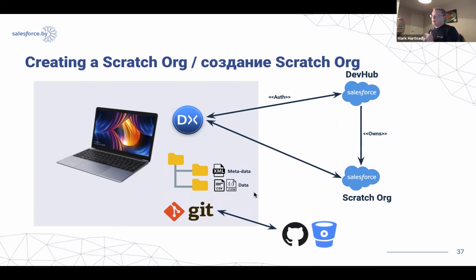Maybe in a follow-up webinar, we can tie this into the whole continuous integration game. But the idea here is that your metadata now is going to be a source of truth in your repo, and that needs to be managed on a server. So if you're using GitHub or Bitbucket, at the end of your day, if you're a developer, you've developed your stuff, you're happy from a unit test perspective, you'll then commit that to a feature branch in your Git repo.